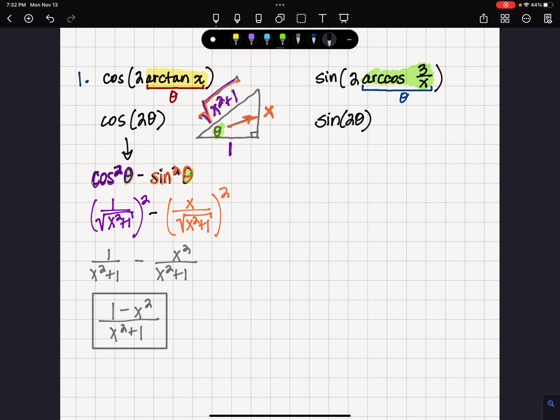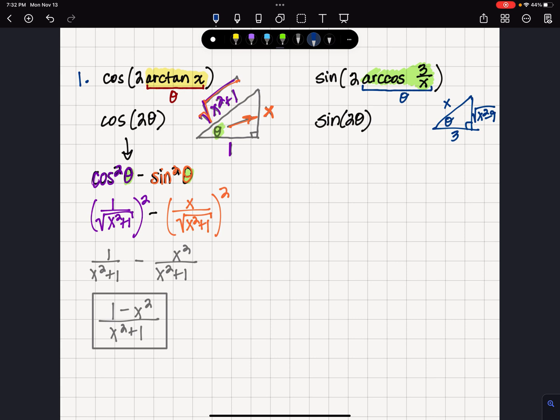I'm going to utilize the inverse trig function, arc cosine, adjacent over hypotenuse. And then that's going to give me x squared minus 9 underneath the radical for the opposite side. Yep, x squared minus 9, agree.